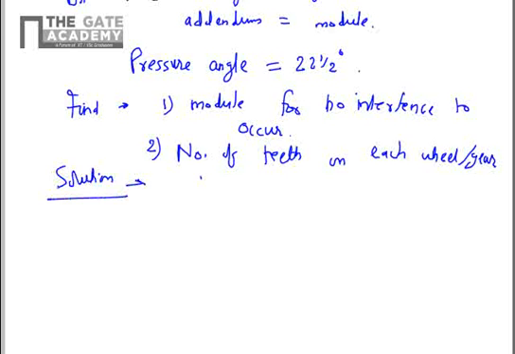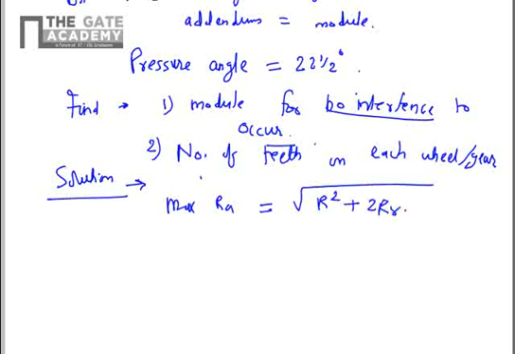The module is determined by the condition that no interference should occur. For no interference, the maximum addendum radius should be equal to the square root of R square plus 2Rr sine square xi plus r square sine square xi.